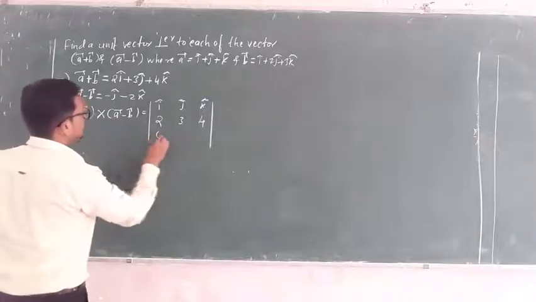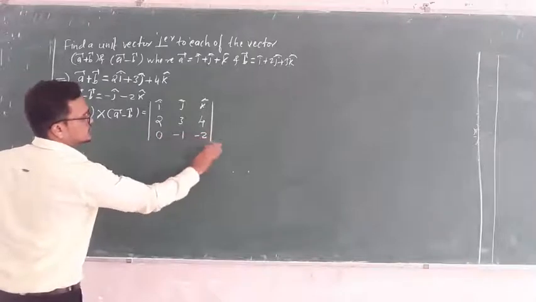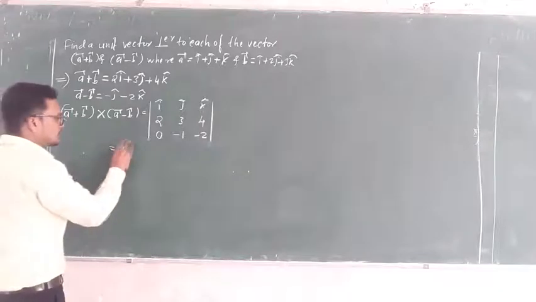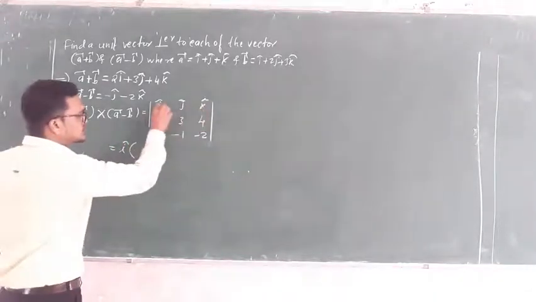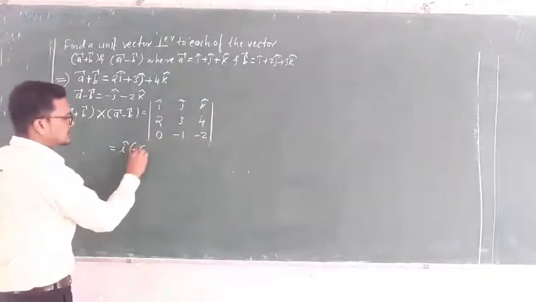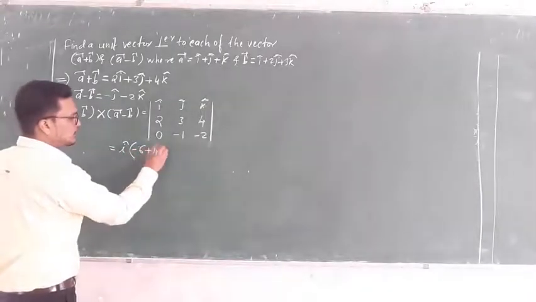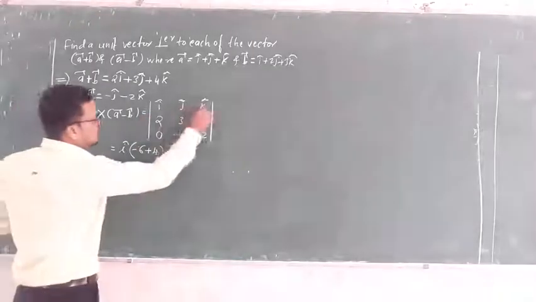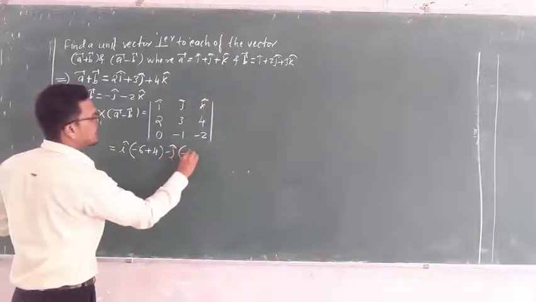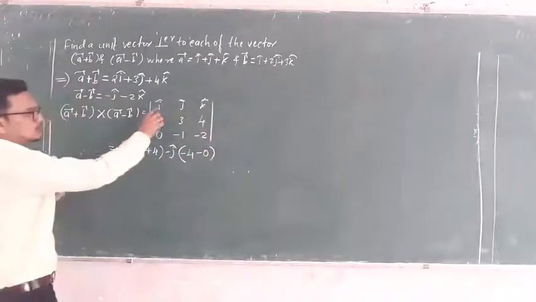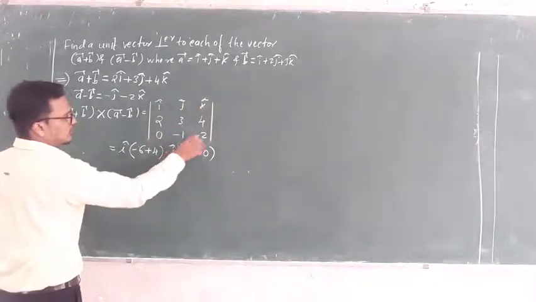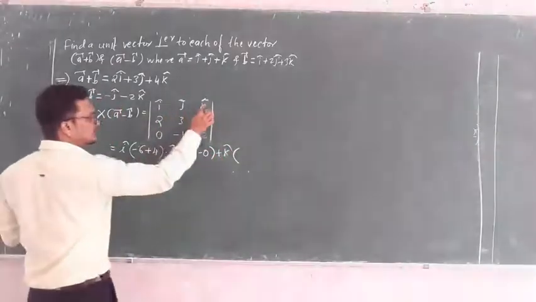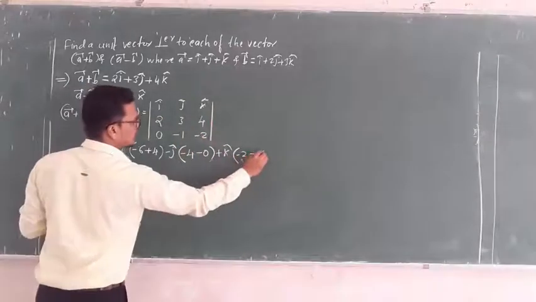I is absent, so it is 0, minus 1, minus 2. Now expand this along the first row. So i into, leaving the first row, first column, minus 6 plus 4, minus j into, leaving the first row, second column, minus 4 minus 0, plus k into, leaving the first row, third column, minus 2 minus 0.